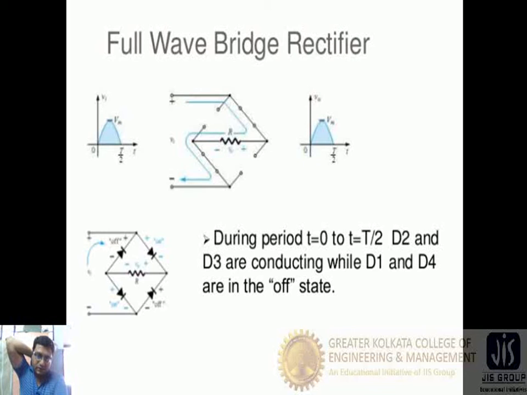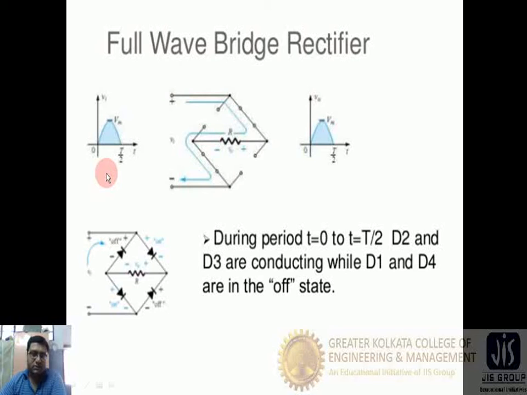So for that reason D2 and D3 are conducting and D1 and D4 are in off state. The off diodes can be represented as an open circuit. So we can find that the current is flowing from the positive terminal to the load resistance and then going back towards the negative terminal. In this way the current flow happens.